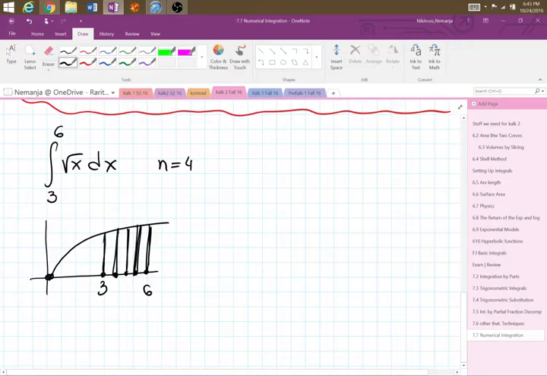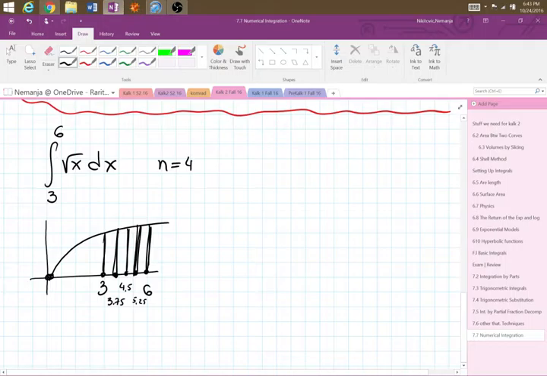Well, when you average 3 and 6, you're going to get 4.5 in the middle. And then you average 3 and 4.5, and you get 3.75. And you add, you get 5.25. Awesome.